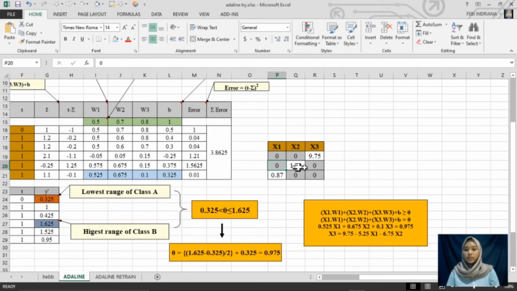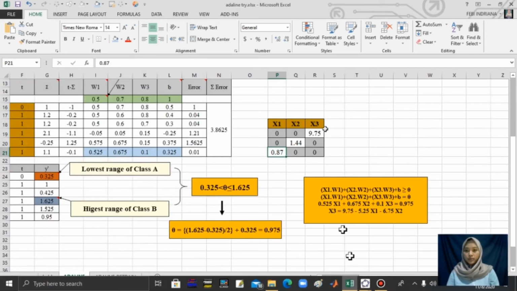For the second example, if x1 is 0 and x3 is 0, then x2 is 1.44. And for the third example, if x2 is 0 and x3 is 0, we obtain that x1 is 0.87 by using this formula.